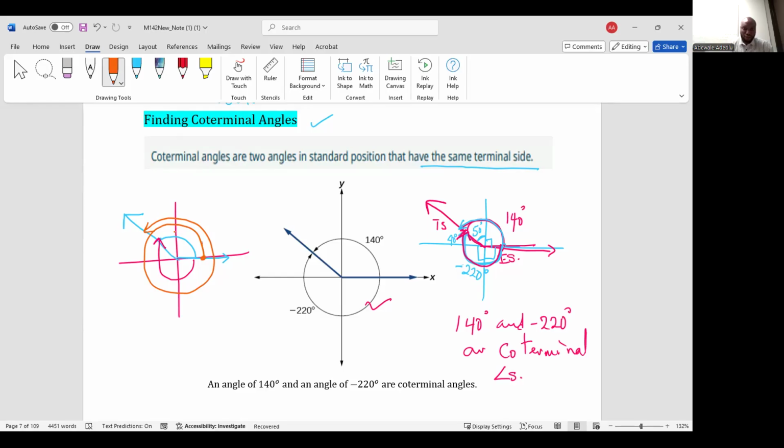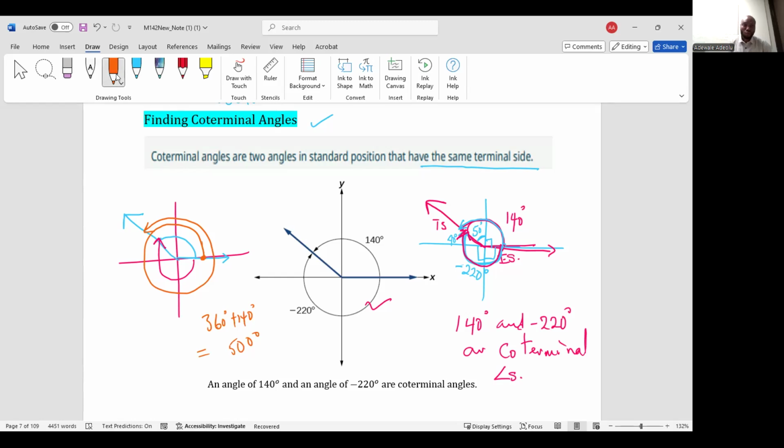But instead of stopping it, then I move here. So I'm adding a full circle to that 140. Now they have the same terminal side. So we say that angle and, for example, 360 degrees plus 140, that is 500 degrees, are coterminal.